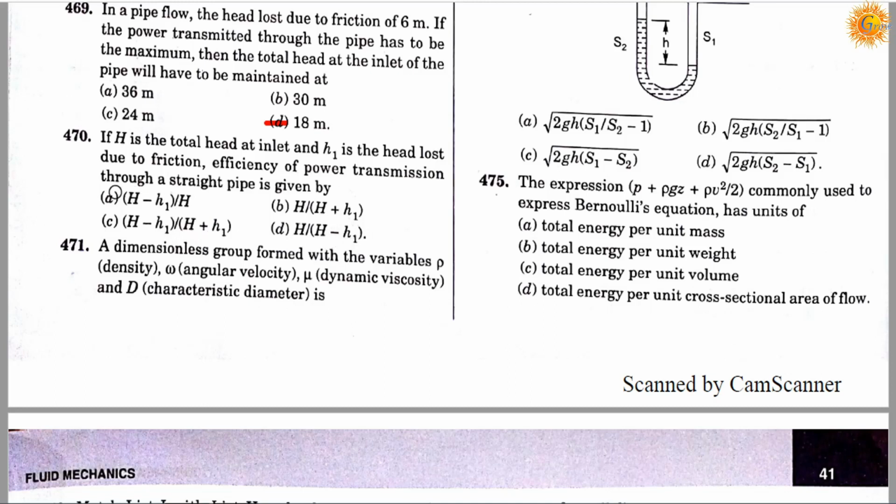So the correct answer is A, it will be (H minus h1) divided by H.